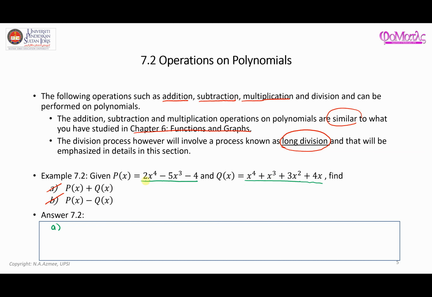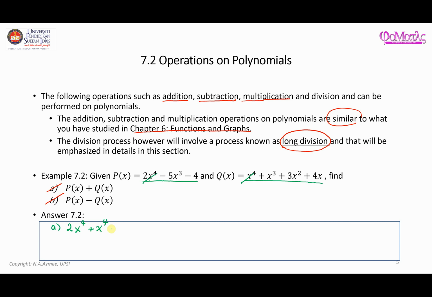I'm going to focus on grouping 2x to the power of 4 with x to the power of 4. Since this is an addition process, that would be 2x to the power of 4 plus x to the power of 4.